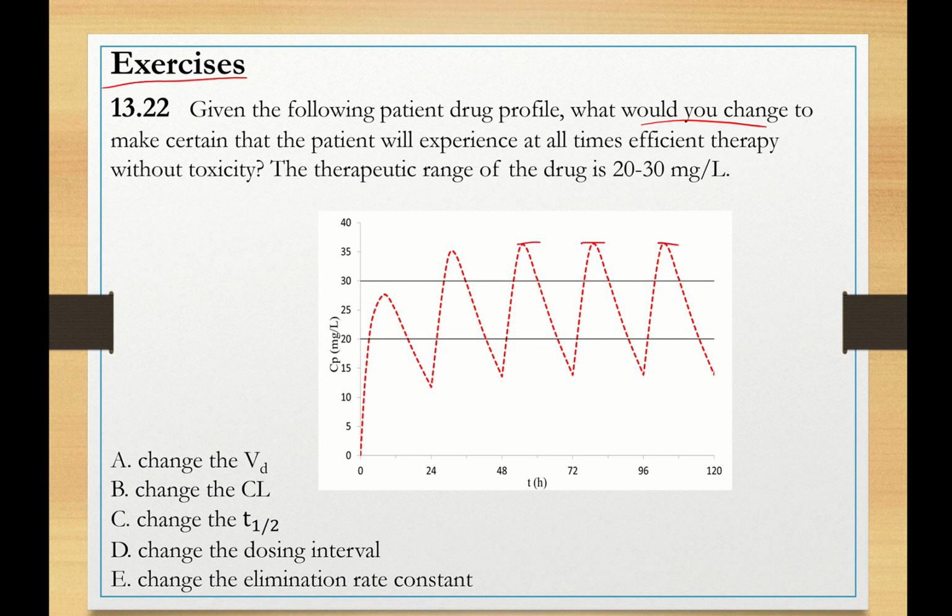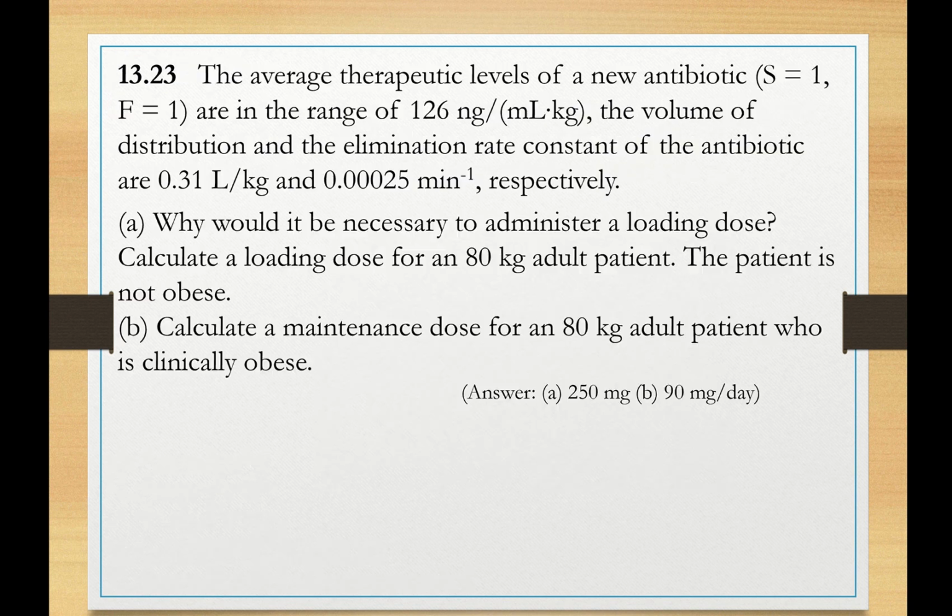Because with the current dose and dosing interval, the patient may exhibit some toxicity, and at times he may not experience any beneficial effect, because it goes below the mean effective concentration. So this is the mean effective concentration, and this is the mean toxic concentration. You need to adjust the dose such that the fluctuation does not get out of the therapeutic window. And here is an actual problem where you need to calculate the loading dose and the maintenance dose.